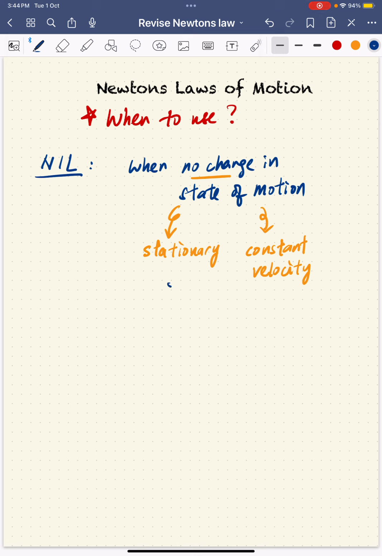So in these two cases, either stationary or constant velocity, we can see that the acceleration of the object must be 0. And what does having 0 acceleration mean? It would mean that the net force acting on the object must be 0.